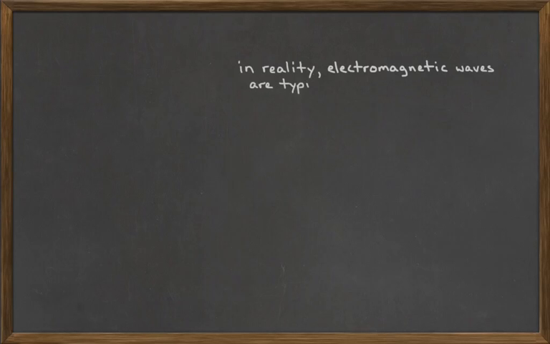The basic idea is that when radiation is produced, these electromagnetic waves are actually produced in bursts of energy. And these bursts have a name. They're called photons. So radiation is typically produced in little bursts called photons.